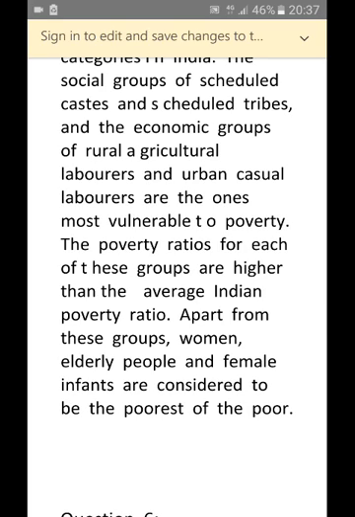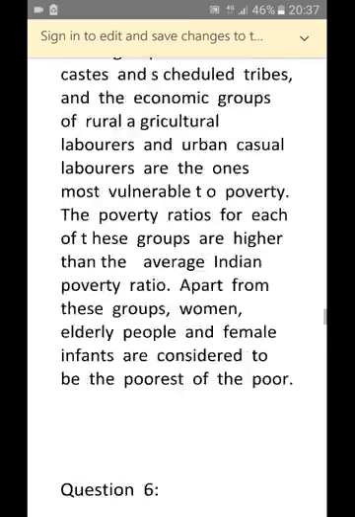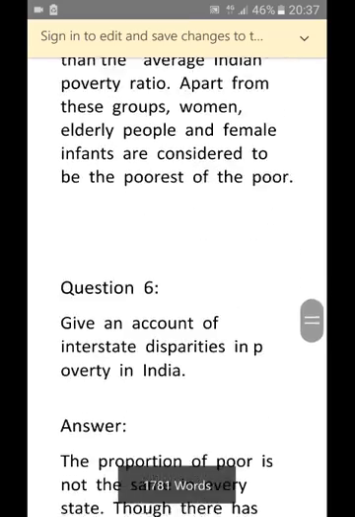The poverty ratio for each of these groups is higher than the average Indian poverty ratio. Apart from these groups, women, elderly people, and female infants are considered to be the poorest of the poor.